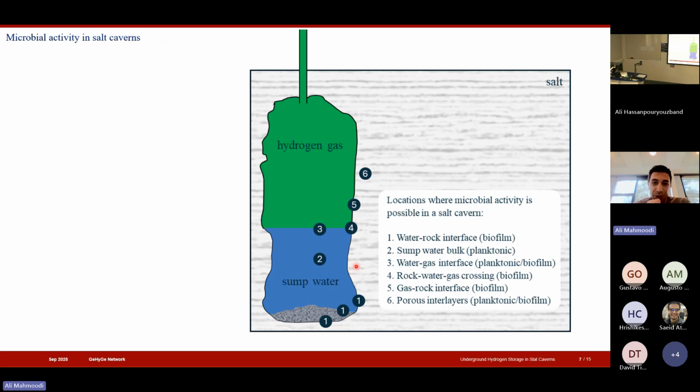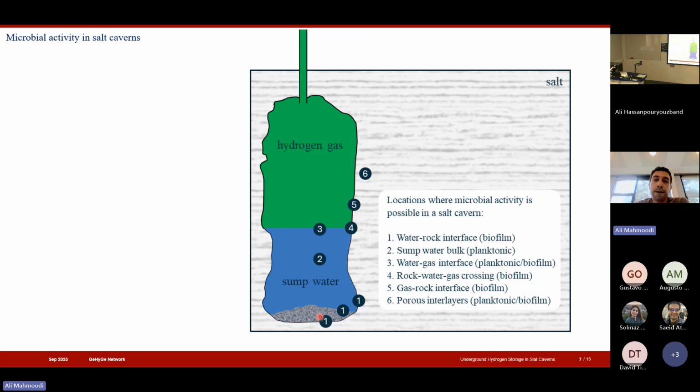I continued reading a little bit about it, and I realized there are different locations where it has been suggested that microbial growth can happen. We have this kind of cavern, we have these insolubles at the bottom, and a lot of microbes prefer a solid surface on which they can form biofilm, and that's their preferred way of life.